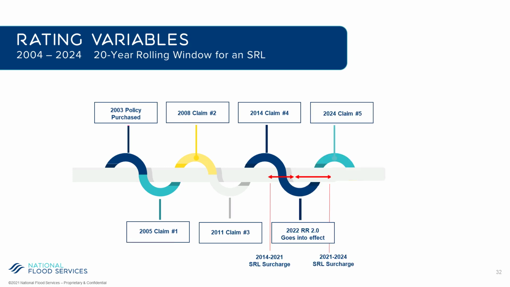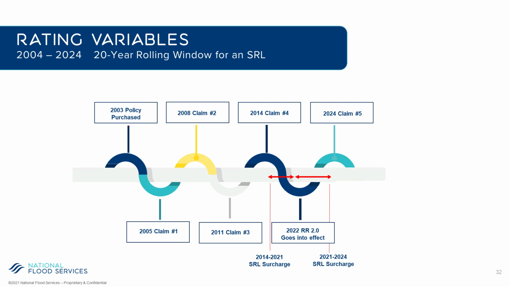So we are going to use the same timeline, but this time looking at severe repetitive losses. This graphic represents a property that has severe repetitive losses. In this example, the policy has had multiple claims. So for this example, we're going to have a claim that was filed in 2024, and we need to look back 20 years. Again, the policy was purchased in 2003.